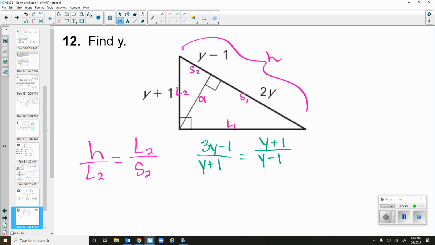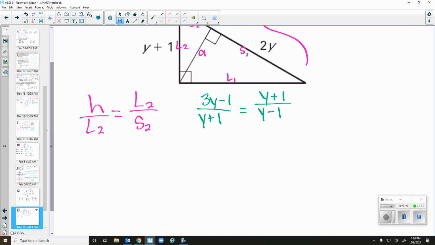Do y'all remember how to multiply binomials? Sort of, kind of. Okay. 3y has to multiply with both of those parts, so that's 3y squared minus 3y, and then negative 1 has to multiply both of them, so that's negative y and plus 1.